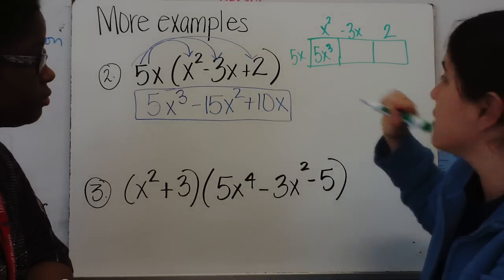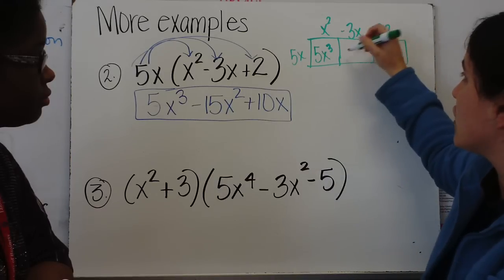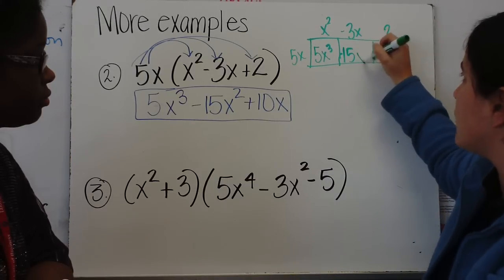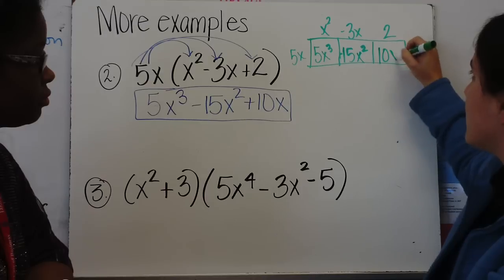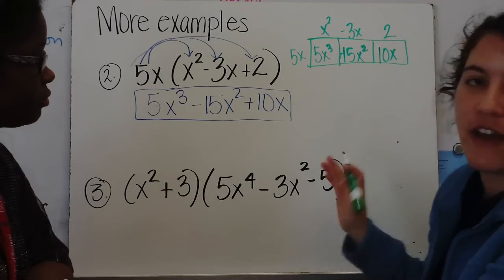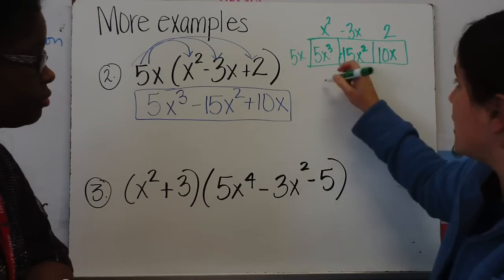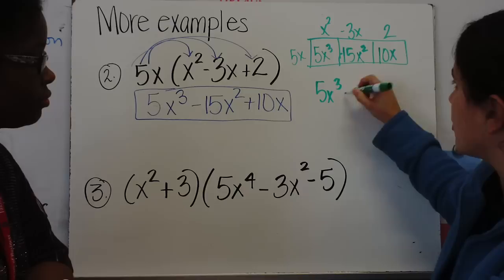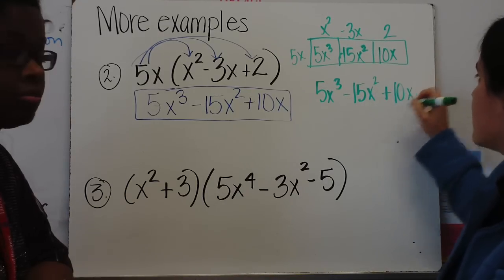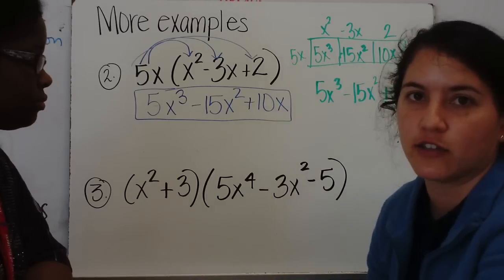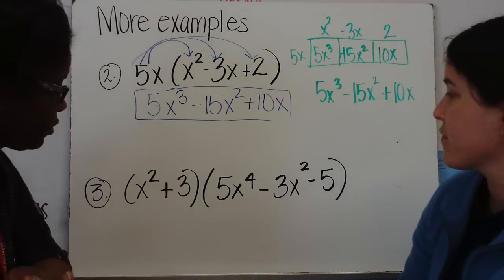You add your exponents. 5x times negative 3x is going to be negative 15x squared. 5x times 2 is 10x. I look to see if I have anything that I can combine, and I cannot, so my final answer is 5x cubed minus 15x squared plus 10x. And the same thing that Ms. Barnes got using the distributive method.